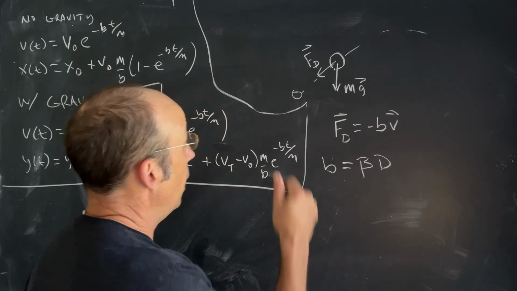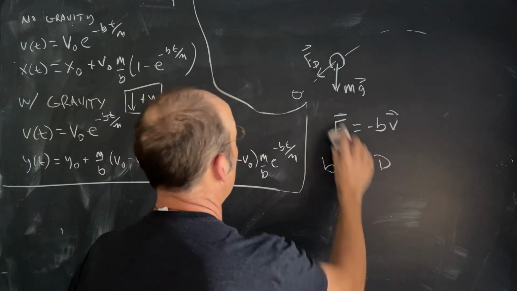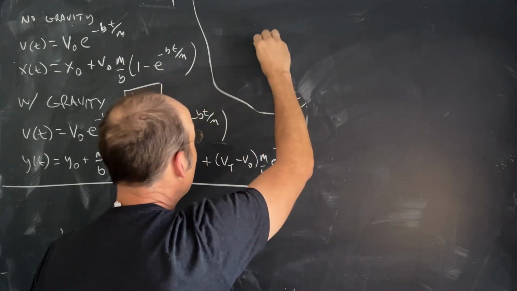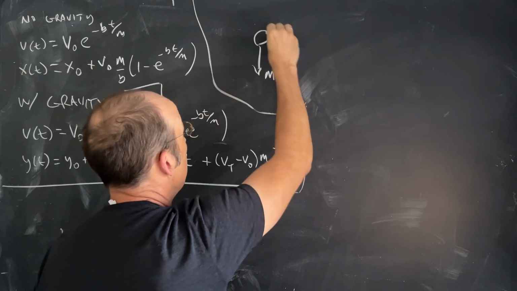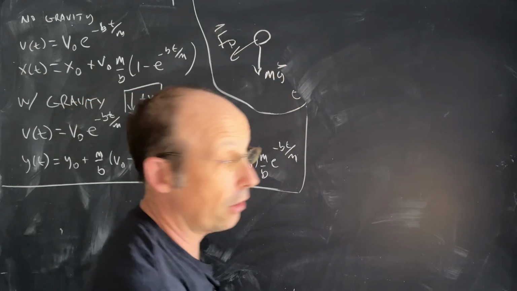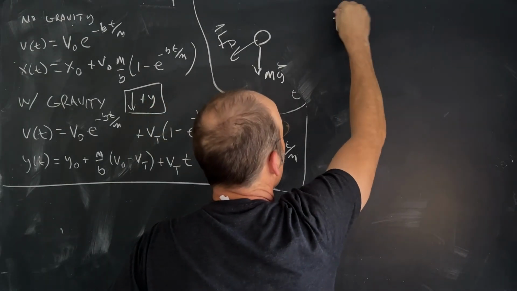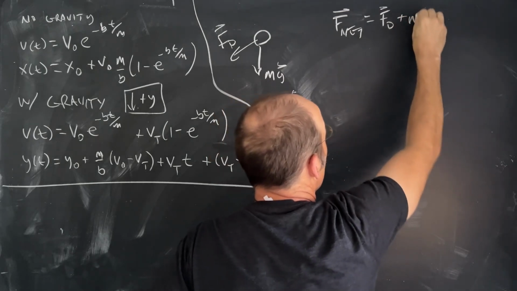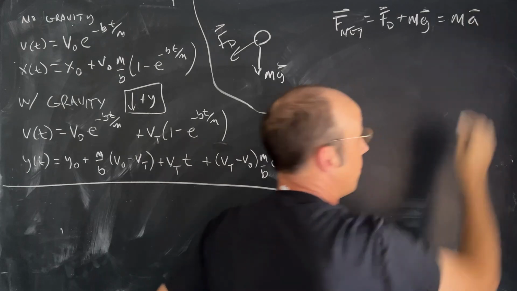Okay, so let's write down Newton's second law for this object. Let me move that ball over here so I have more room, because I'm space limited. Here's my mg, and that's my drag force. Newton's second law says that F net would be Fd plus mg equals ma.